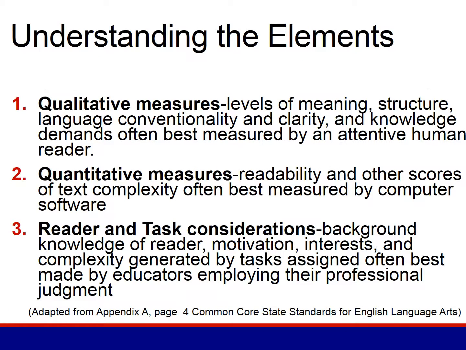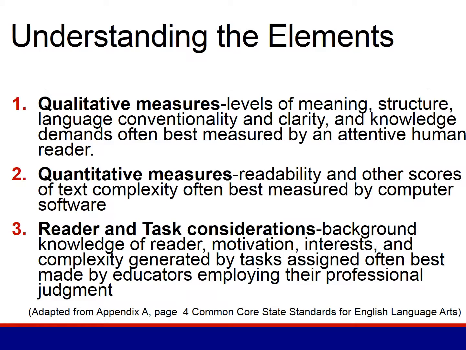Appendix A defines the three elements of text complexity as qualitative, quantitative, and reader and task considerations. Qualitative measures measure the levels of meaning, structure, language conventions, and clarity as well as knowledge demands. Quantitative measures the readability of the text, and that is often scored by some type of software.